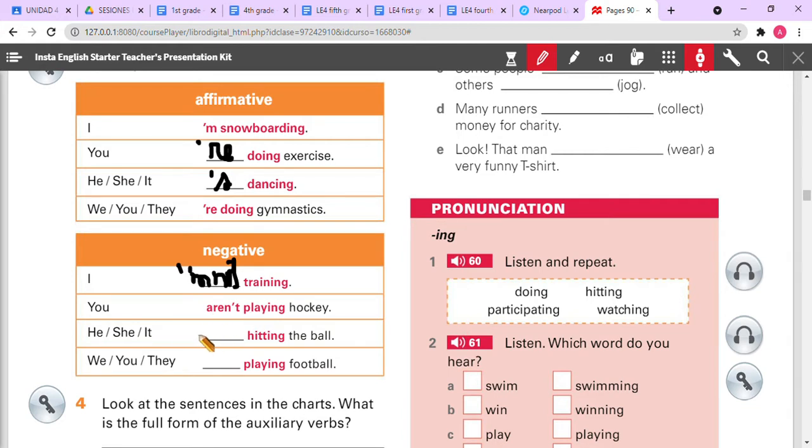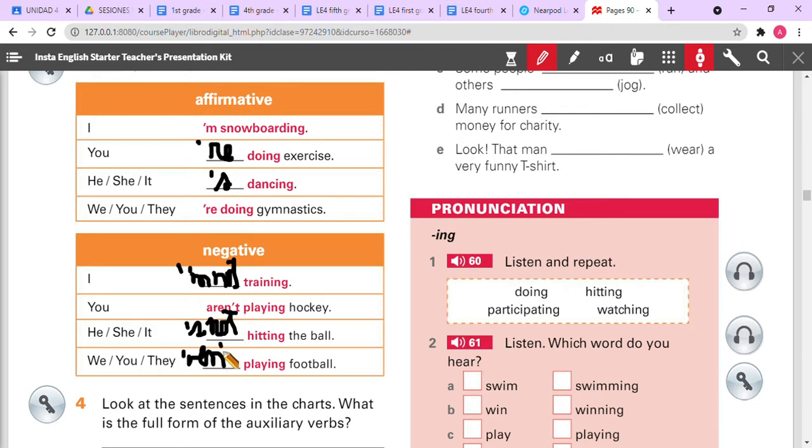Aren't, here it is like this. Is not. And here also, like the second one.